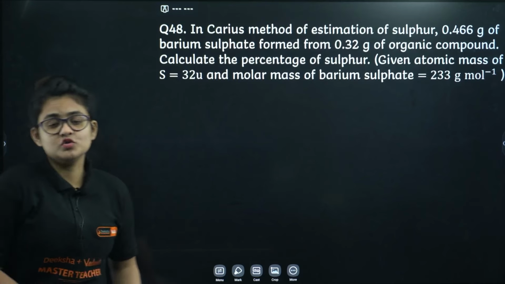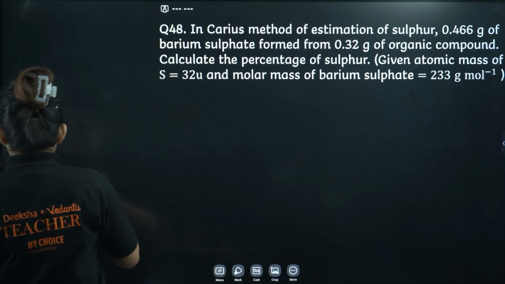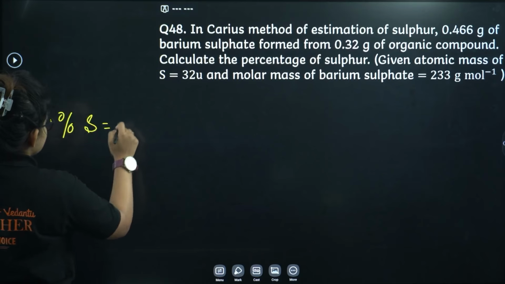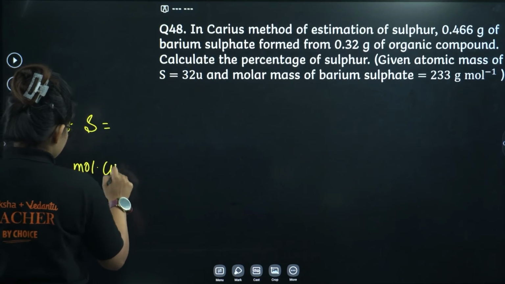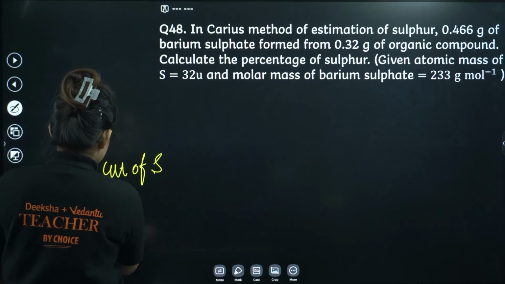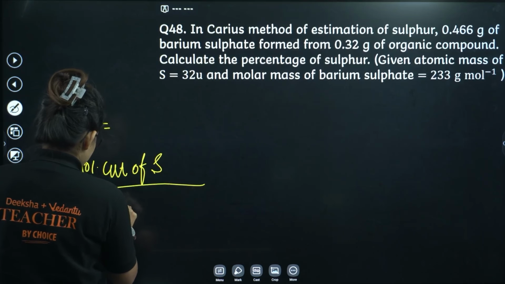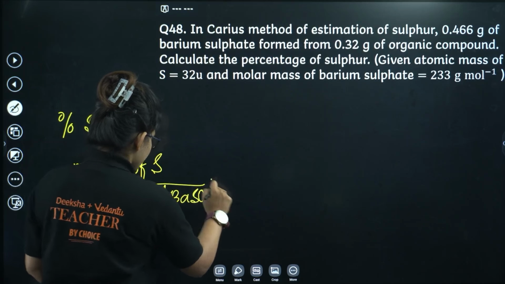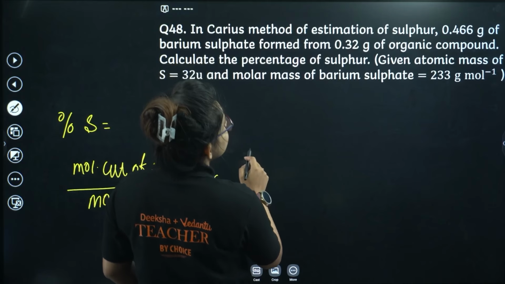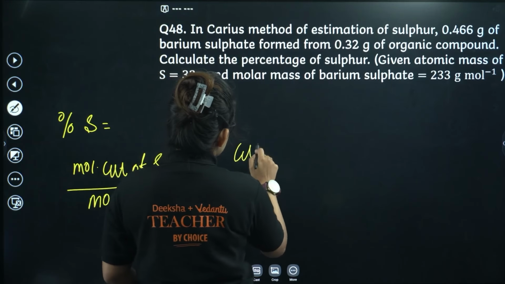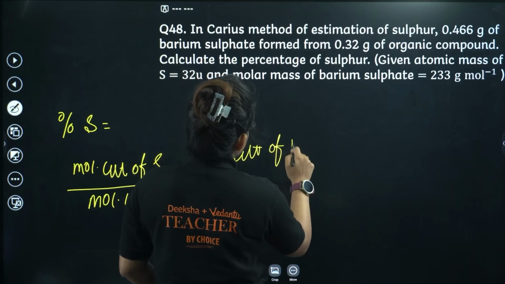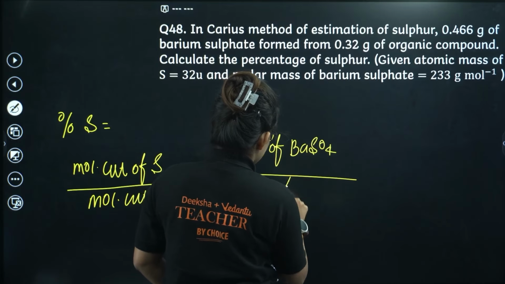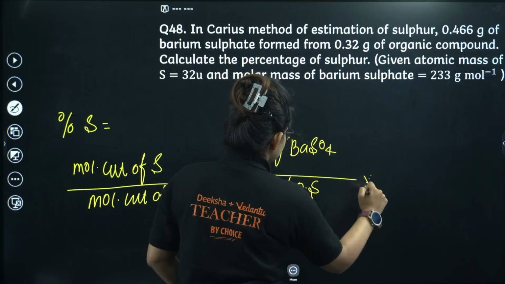Here we are going to use a simple formula. Percentage of sulfur is molecular weight of sulfur divided by molecular weight of barium sulfate, into weight of barium sulfate, divided by weight of organic sample, into 100.